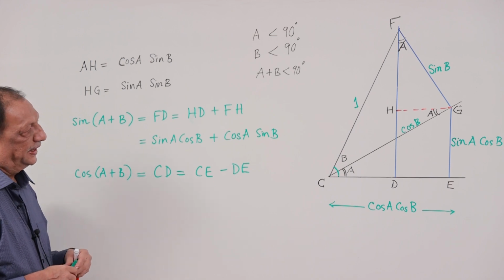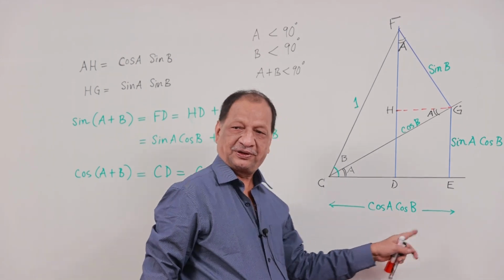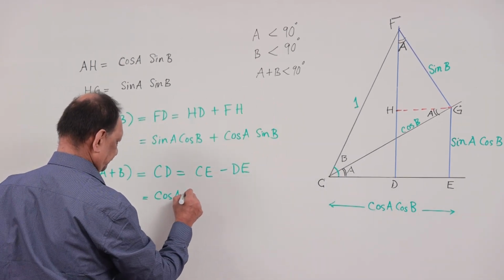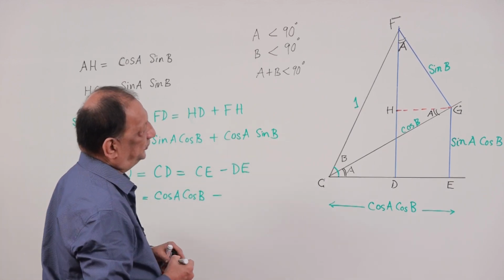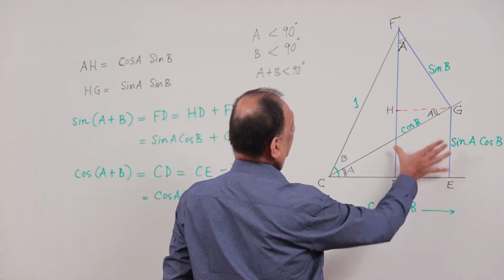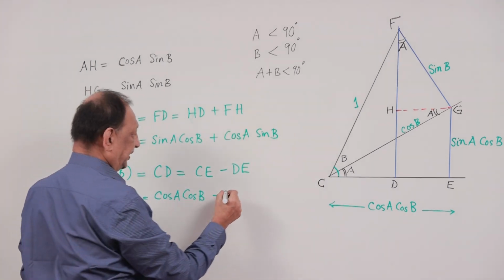Right. And what is CE itself? We already got value. Cos A cos B. Minus, what is DE? Same as HG. And I got a value already. Minus sin A sin B.